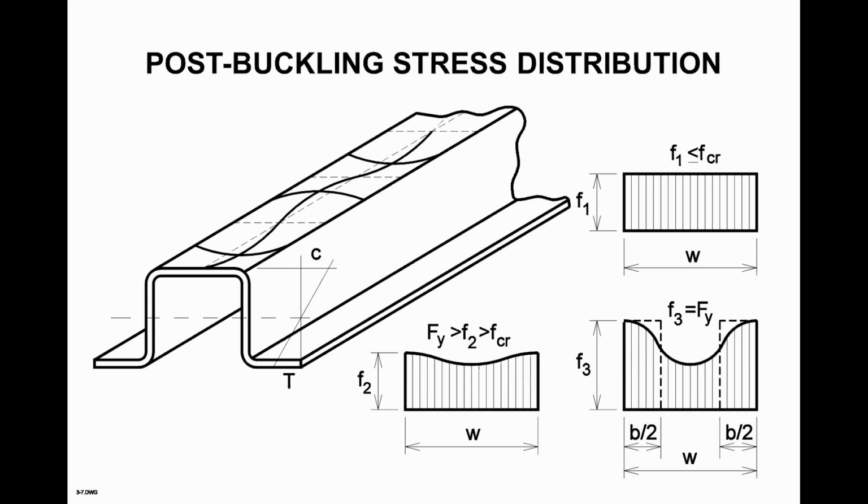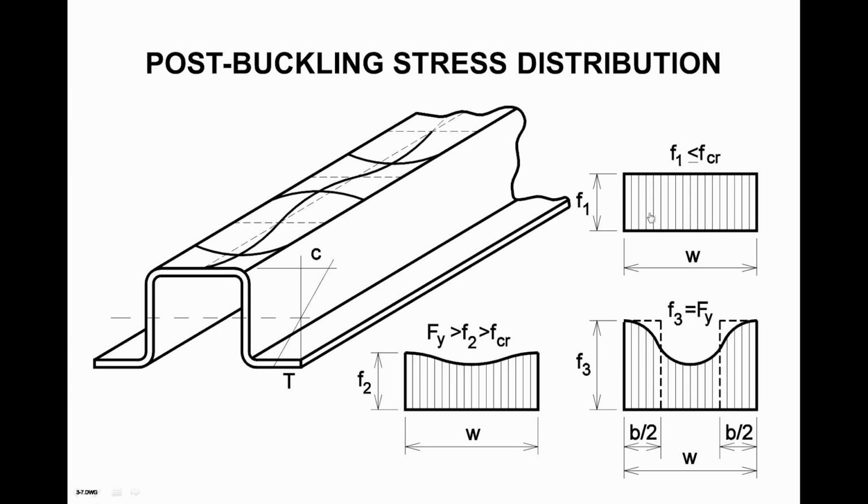Without getting into the minutiae of engineering, if I look at the design of this section and I put a bending moment, I'm applying a load up here. That's going to throw compression into this member right here. If my load is small enough that I don't create any buckling in this flange element, then I've got an internal stress distribution that looks like this.